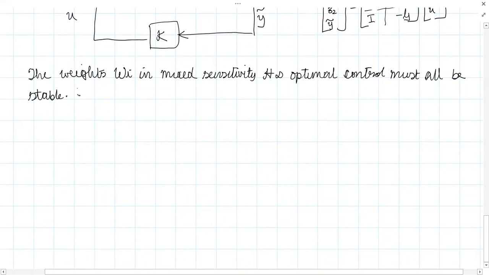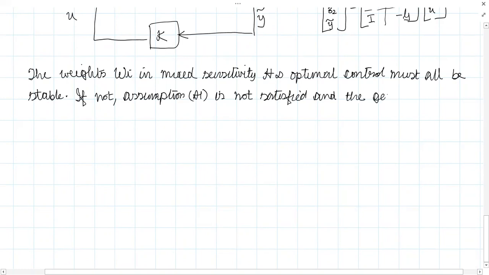If not, assumption A1 is not satisfied, and the general H infinity algorithm cannot be applied.